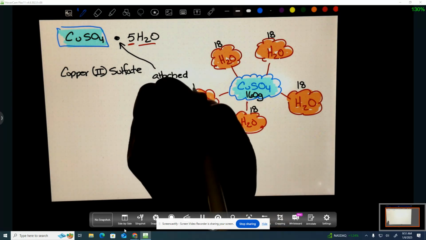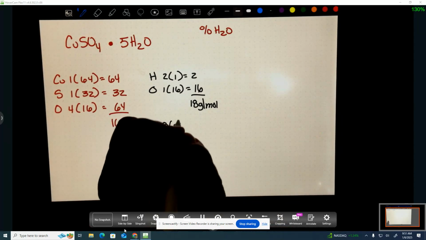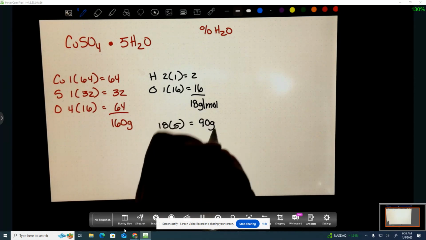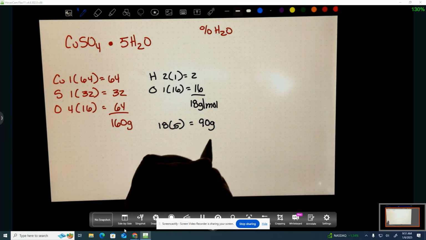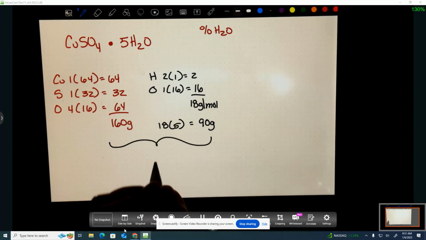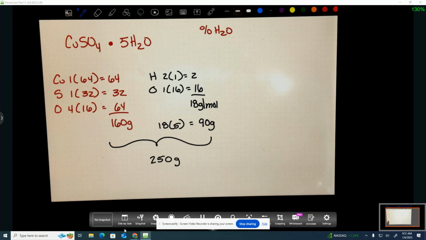What's 18 times 5? 90. 90 grams of water. Okay. How much does the whole thing weigh? 250 grams. What did you say, Meg? Perfect. I knew you said that. Woo! Go me.